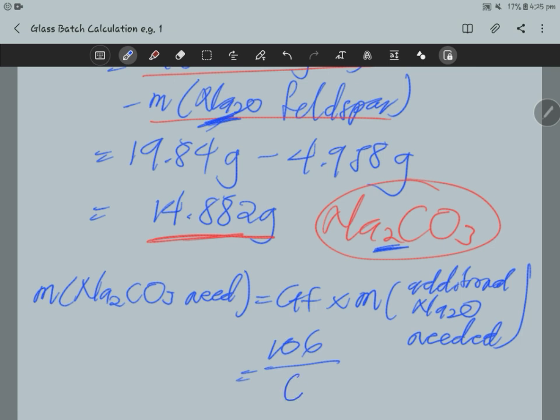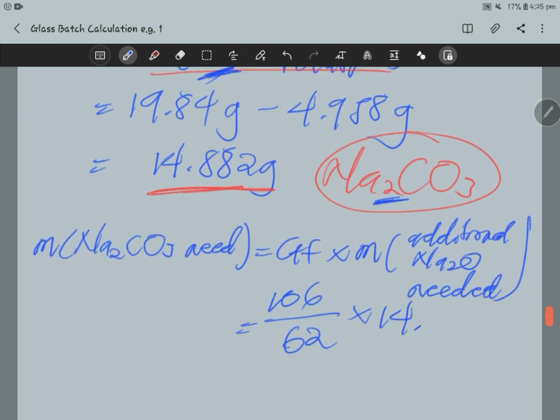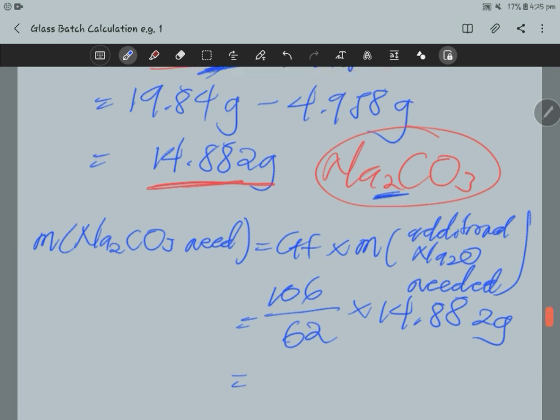That's 62, right? And then the additional Na2O needed, which is 14.882 grams. So 106 over 62 times 14.882. The amount of this raw material that we need will be 25.443 grams. Yes, so that's it.